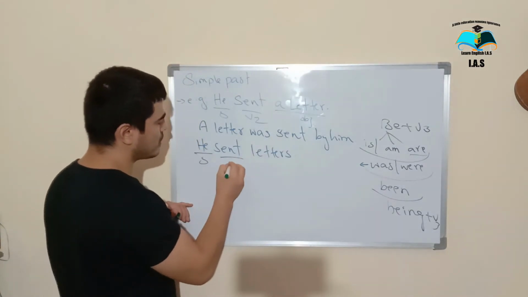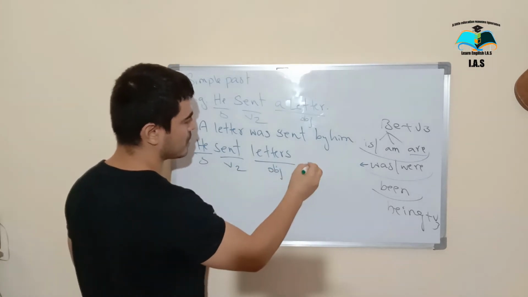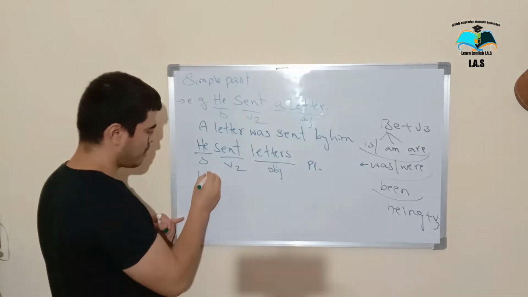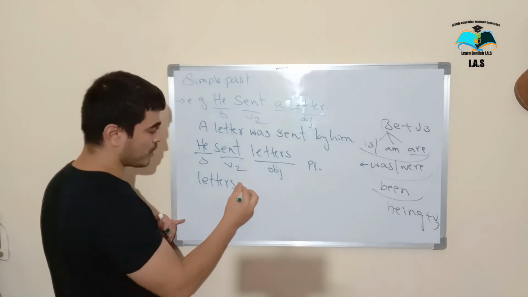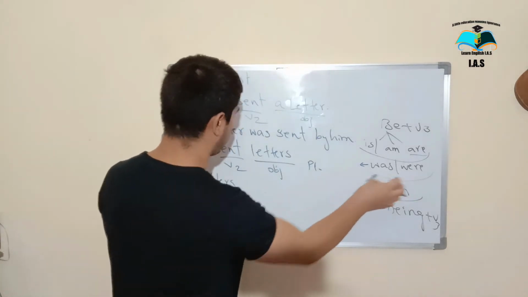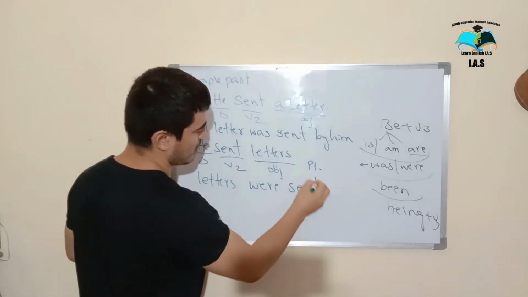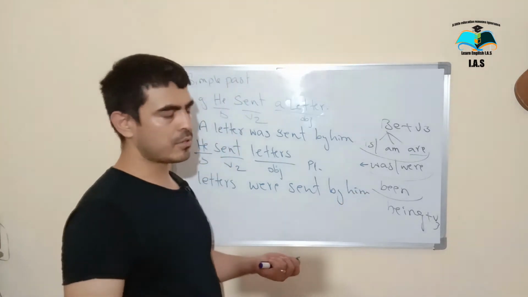Again, subject, verb, this is the object, but this time the object is plural. So this comes first, letters. According to the subject, we use are. So let's change are to the past form. Letters were sent by him. Now remember, the by phrase is also very important.